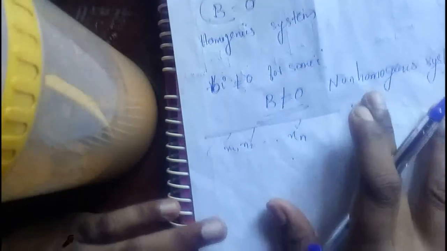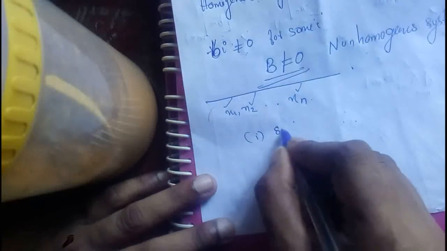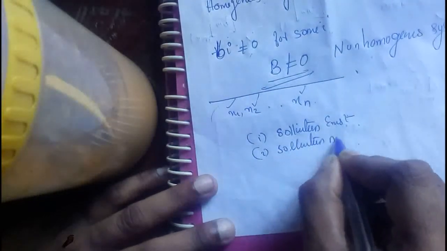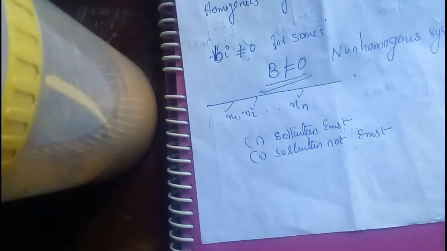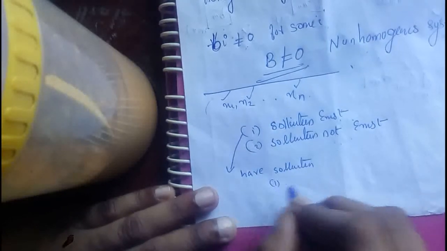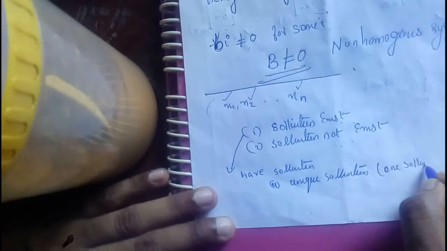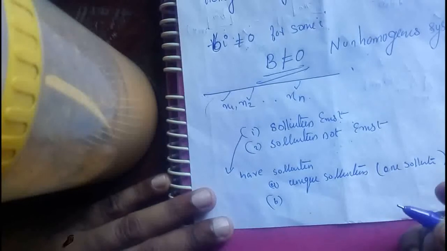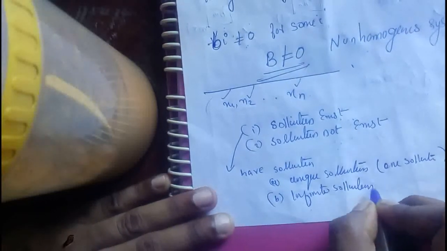So a linear system may have a solution or may not have a solution. Solution exists means we get a solution, which can be unique, that is one solution, or more than one solution, meaning infinitely many solutions.